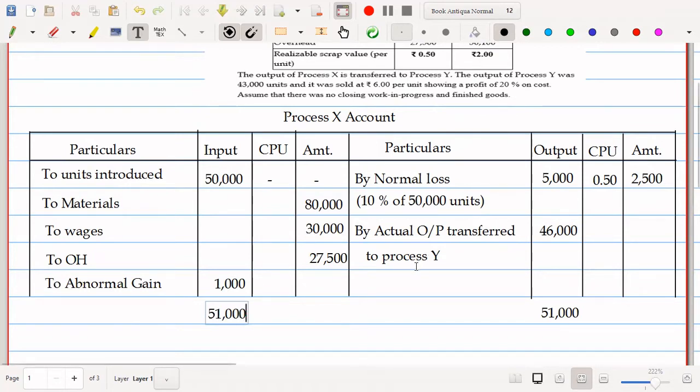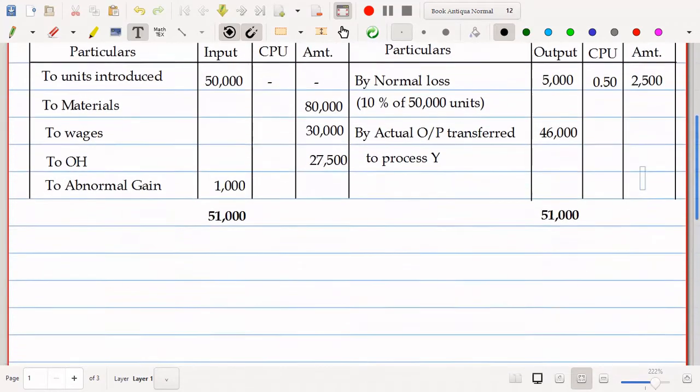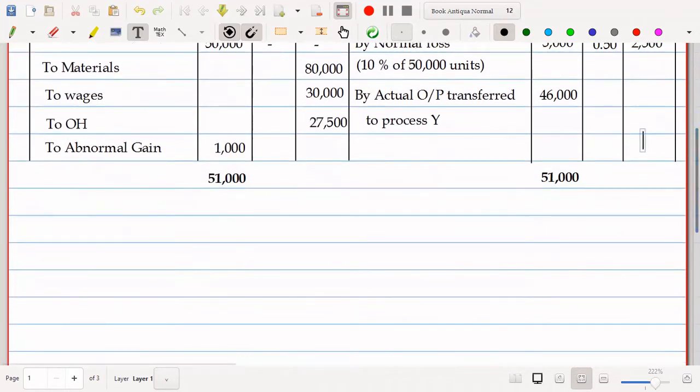Now the next point is we have to calculate the CPU of the actual output transferred to process Y. In order to get the value of actual output transferred to process Y, we have to go for working notes and then we have to prepare CPU.